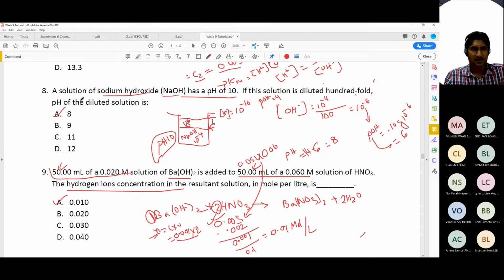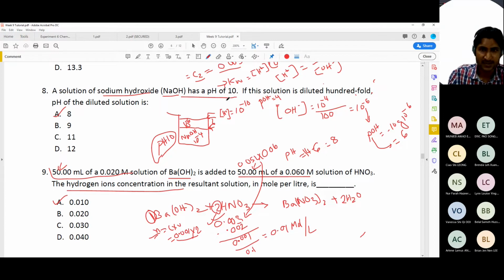I don't know how you are trying, but you see that sodium hydroxide has a pH of 10, right? That means we have to know what the hydrogen ion concentration is, and it is diluted 100-fold. So the number of moles of hydroxyl ion will be diluted.